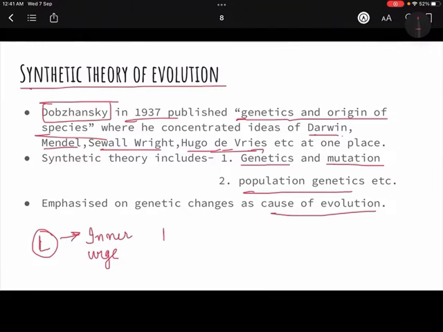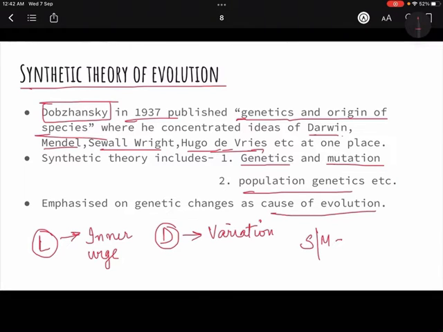And then Darwin came. He said variation is the cause, but he did not know what caused this variation. So this synthetic theory, or what we call the modern theory, finalized that genetic changes play a major role in evolution.